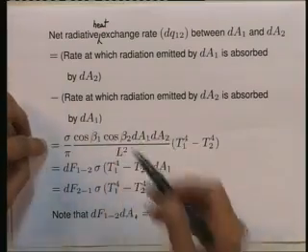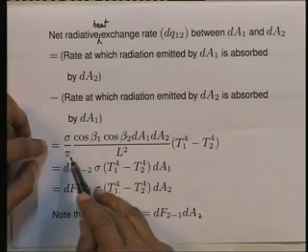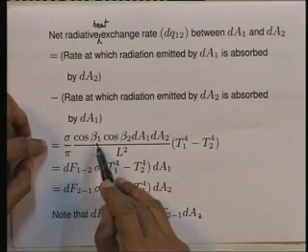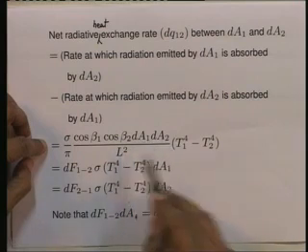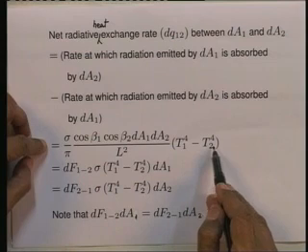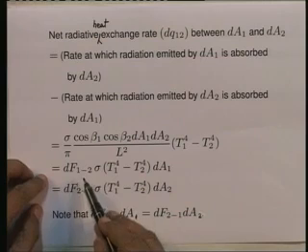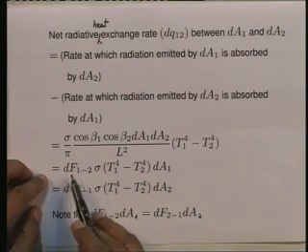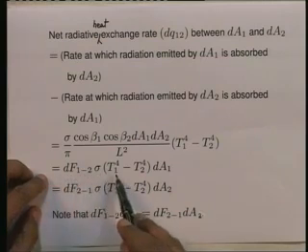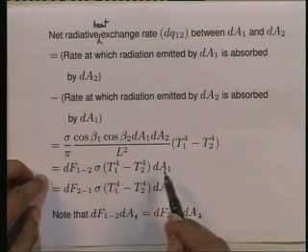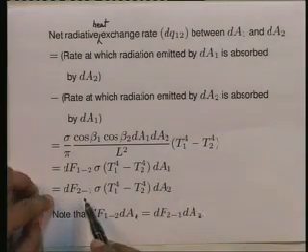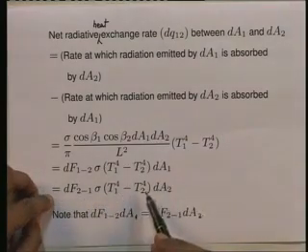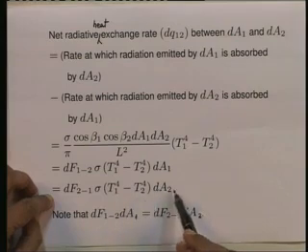Okay. So, that is equal to, putting both the expressions in, sigma by pi cosine beta 1 cosine beta 2 dA1 dA2 upon L squared into T1 to the power of 4 minus T2 to the power of 4, all right, which is equal to, if I want to use the first shape factor dF1 to 2, dF1 to 2 sigma T1 to the power of 4 minus T2 to the power of 4 into dA1, or using the second shape factor dF2 to 1, sigma T1 to the power of 4 minus T2 to the power of 4 dA2, all right.